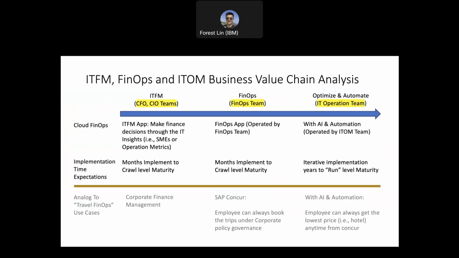And the implementation lifecycle is different: the ITFM and FinOps, which are business applications, usually can be implemented in weeks or months. The optimization and automation, the AI enablement, could last years, iteratively moving forward.